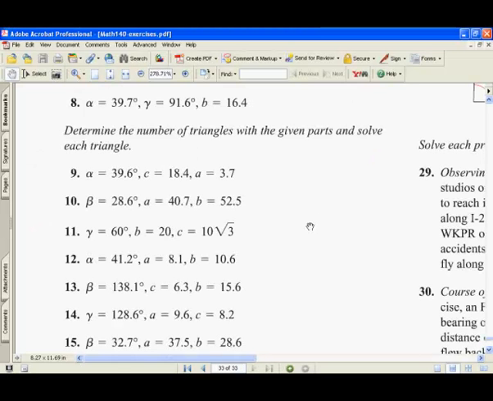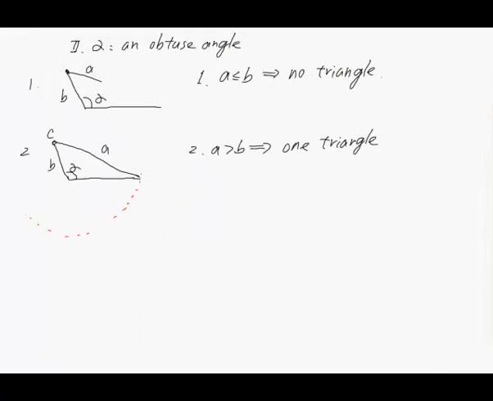In this problem 14, we need to determine the number of triangles with the given parts and solve the triangle. Let me copy all these notes onto the whiteboard. So page 586, problem 14.